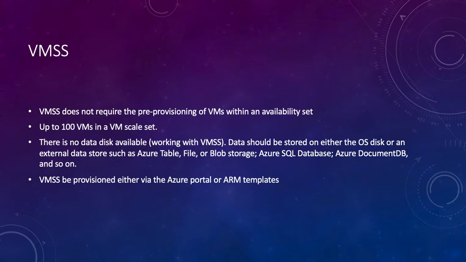VMSSs can be provisioned either via the Azure portal or the ARM template, as we discussed in the other videos. Using the ARM template approach for working with VMSSs is likely to be the most common approach because doing so offers many more features than are currently available in the Azure portal, even though usually users are happier when they work with the portal.